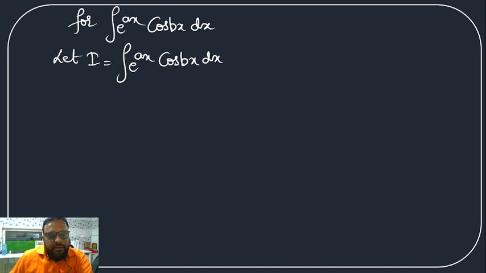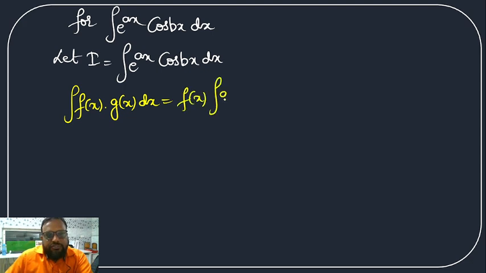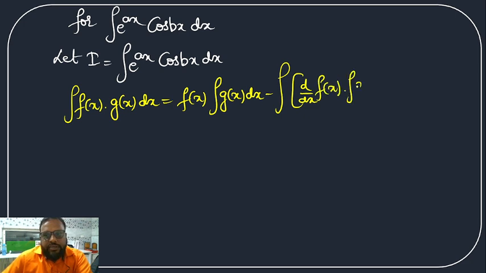Again the same condition. Here we have two functions, integration of f of x into g of x dx, that is f of x into integration of g of x dx minus integration of derivative of first function f of x into integration of g of x dx whole dx.